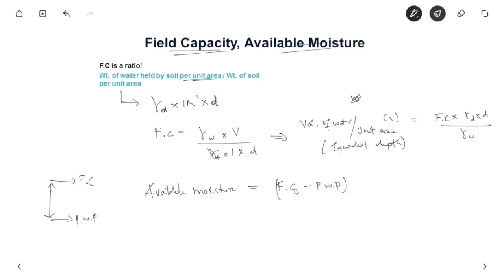Sometimes it is in percentage also. Multiply by gamma D upon gamma W into D. This is the volume of water per unit area, which is the equivalent depth of available moisture.